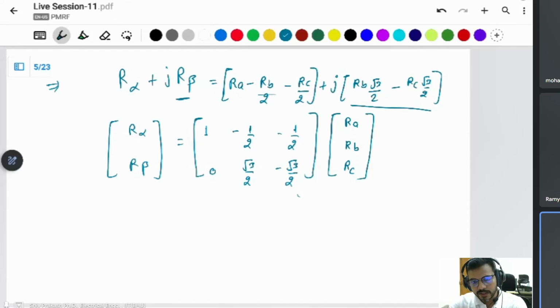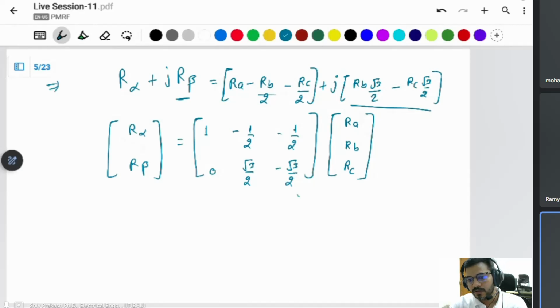Then this two phase system is converted into a constant magnitude rotating at an angle of omega t with respect to time, like a sine wave. The magnitude will be the same. If you want to calculate the actual magnitude, then multiply.